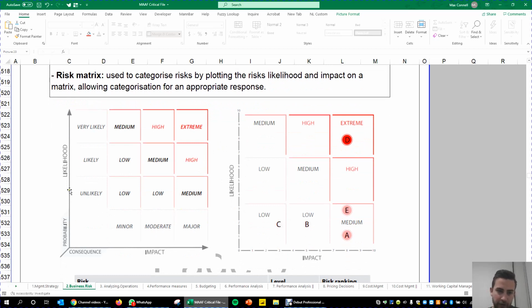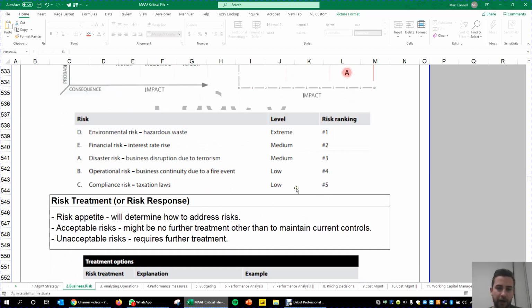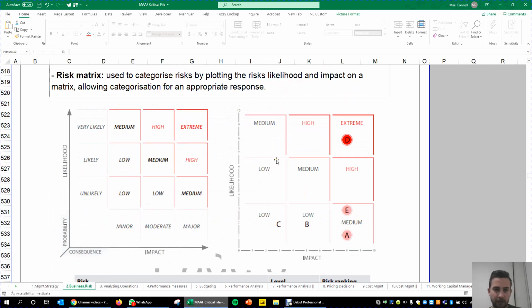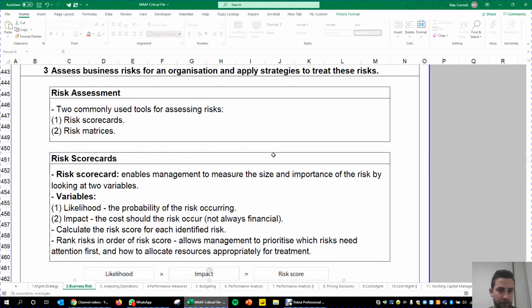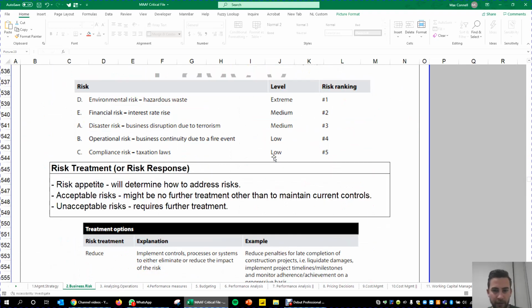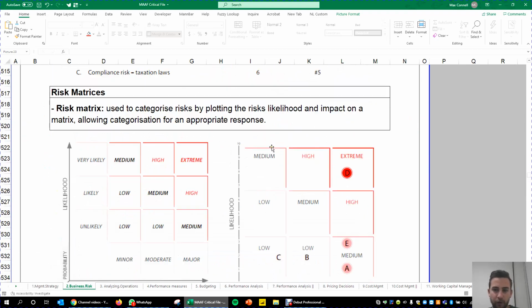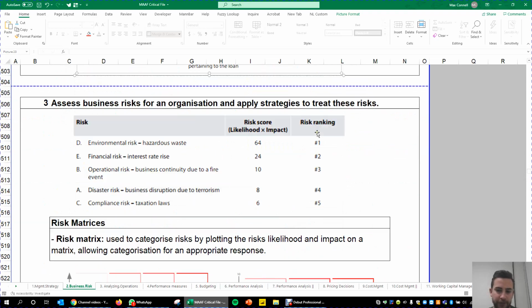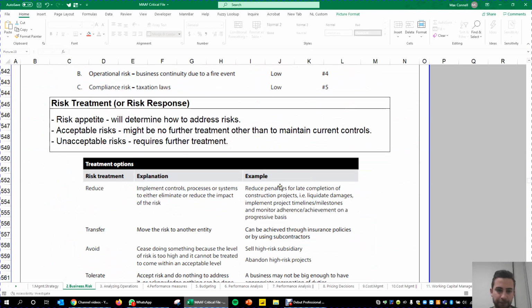You've got your likelihood on your left, on your y-axis, and your impact on your x-axis, and you basically plot it on. So fairly similar. It's just a visual way of doing that. Very similar to the risk scorecard. So you might get that in your exam question. Probably more likely to do the table up above because you're not going to be drawing a table in your exam.